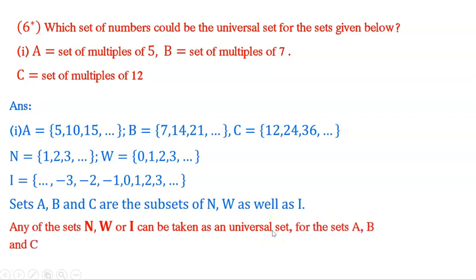Okay, and therefore any of the sets म्हणजे W, N, I हे कसे तर युनिव्हर्सल सेट आपण ट्रीट करणार आहोत. Any of the sets N, W or I can be taken as the universal set for the sets A, B and C. Okay.